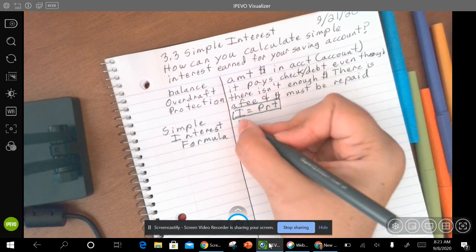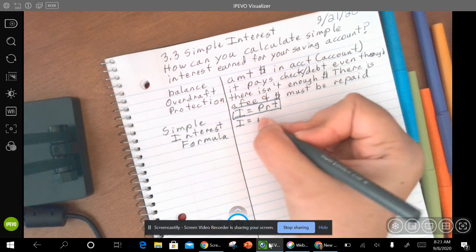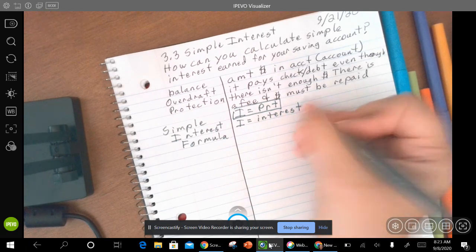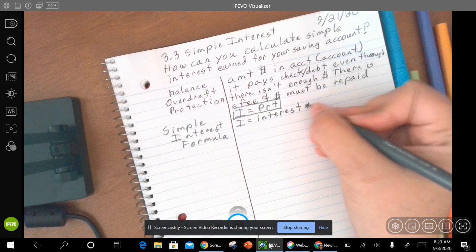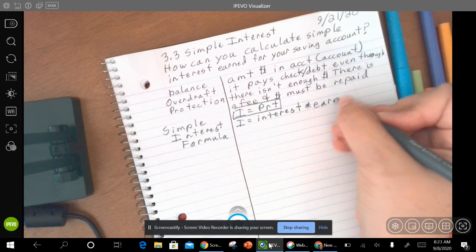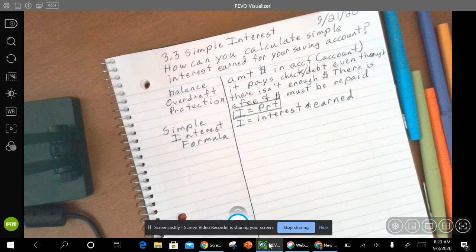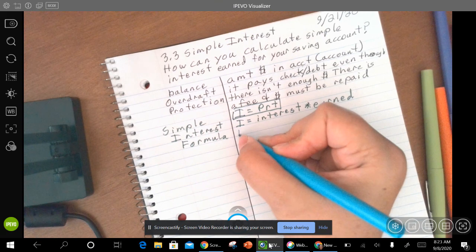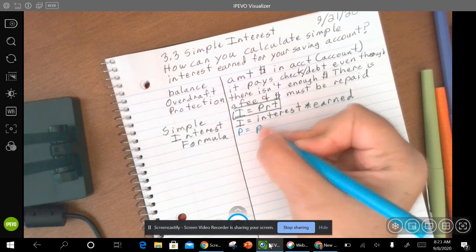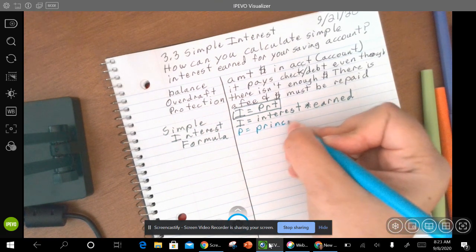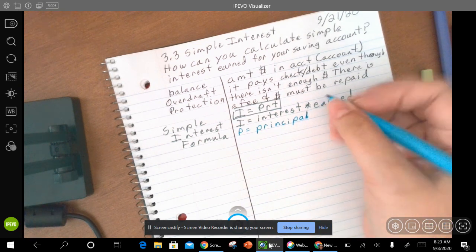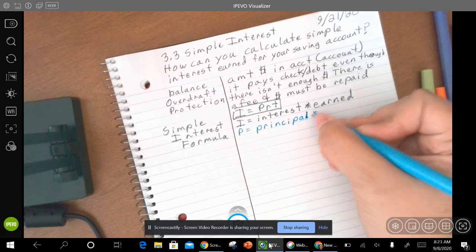I is the interest earned, as we're talking about savings accounts. Next semester we'll also talk about retirement accounts. P is the principal, the money that you start with.